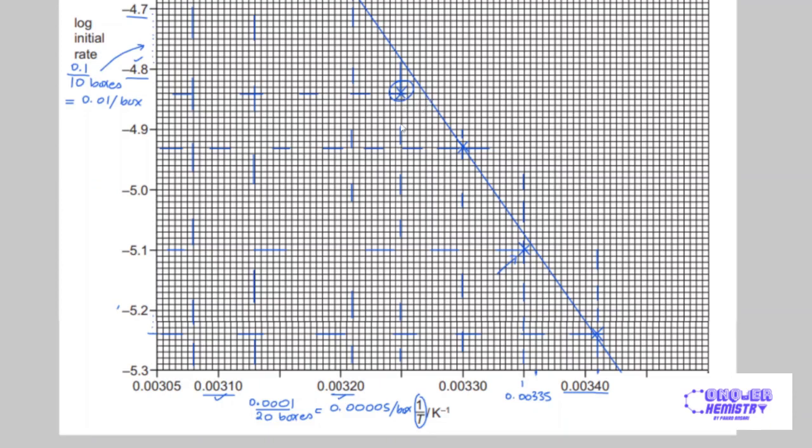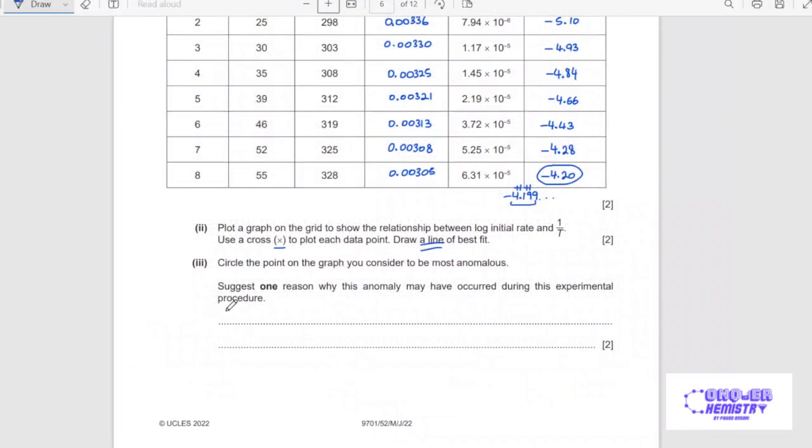The point that is further away from the line than the others tells us that 1 over T was lower. That means T, the temperature, was higher. The recorded temperature is higher than the actual temperature represented by the point on the line.